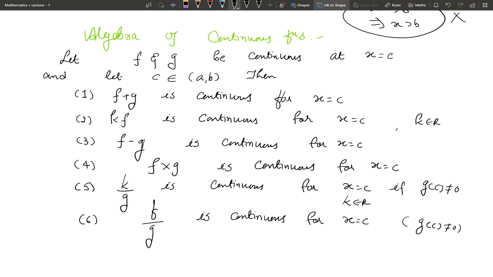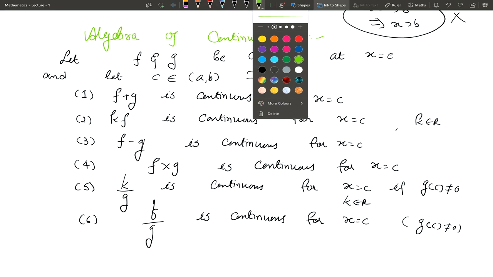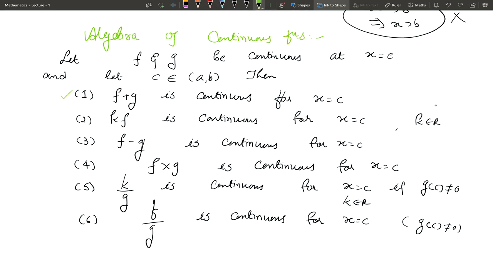If two functions f and g are continuous at x equal to c, where c belongs to some open interval, then f plus g, k into f, f minus g, f into g, k by g and f by g, all are continuous for x equal to c, and we know that defined on a proper domain.